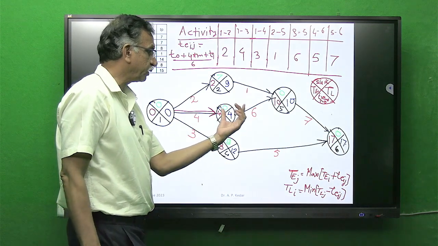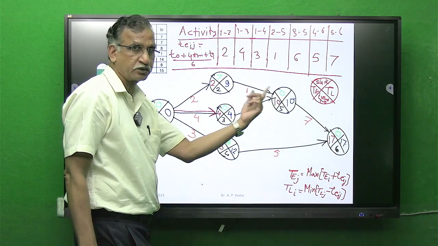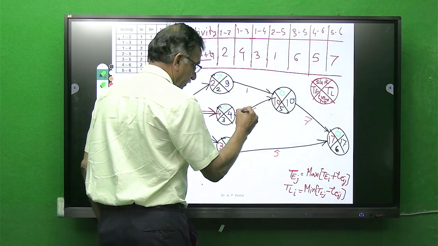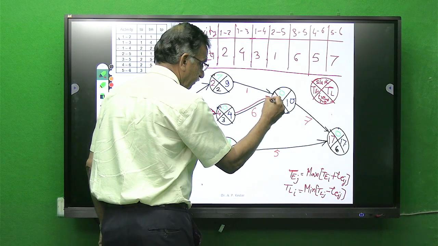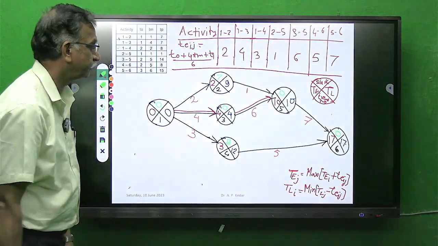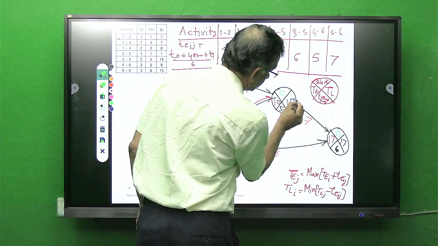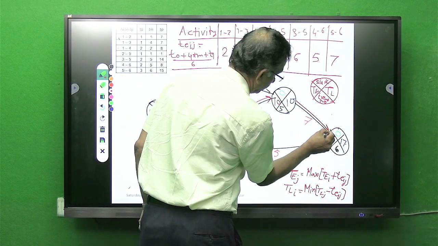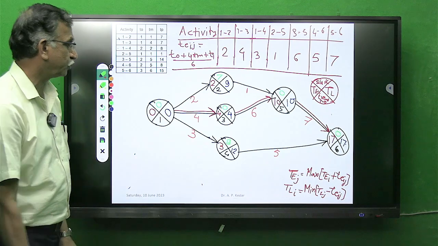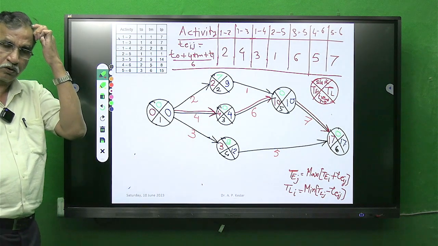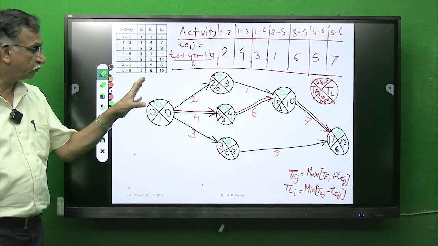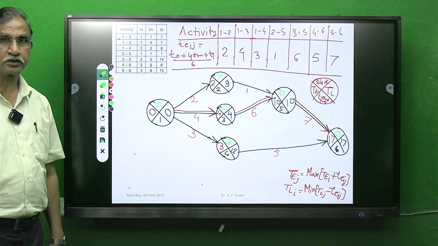I am joining activities with 0 slack with next 0 slack. 0, 0, 0 slack, 0 slack. So students, now the network representation has changed.